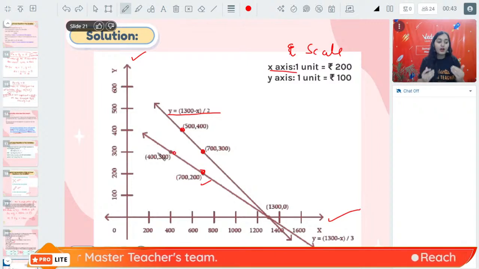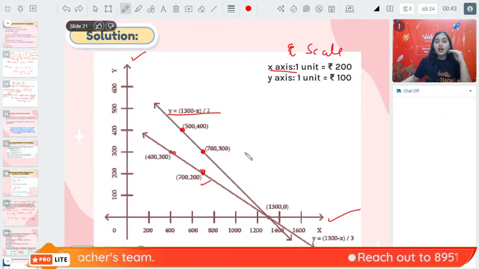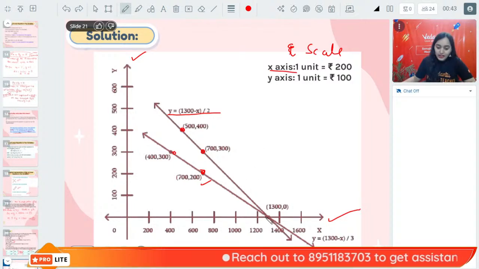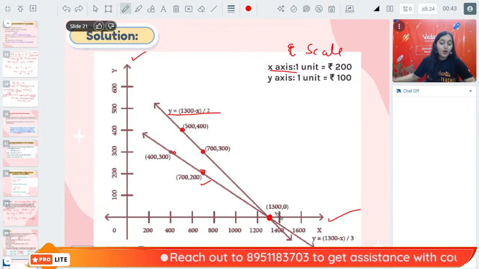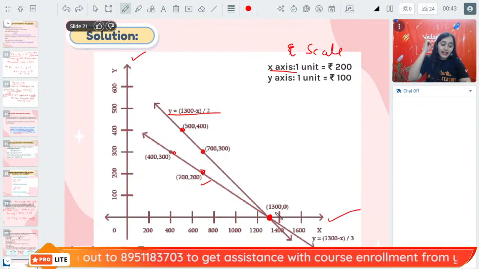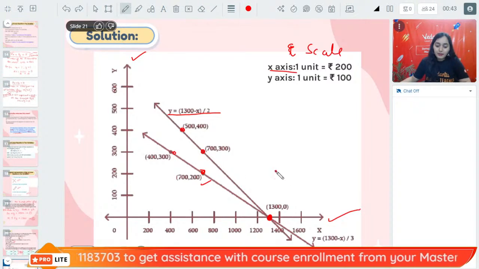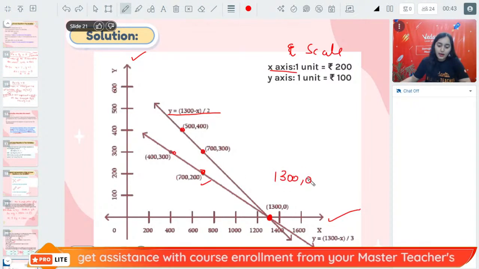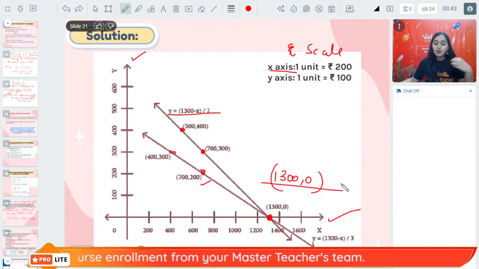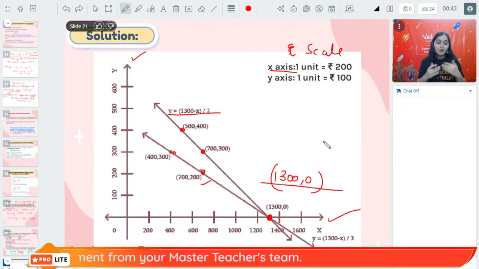Now after plotting the lines, you can yourself observe that both the lines are meeting at one point on the x-axis. And at which point are they meeting? They are meeting at 1300 comma 0. What is 1300 comma 0? It is a common point which is available on both the lines.